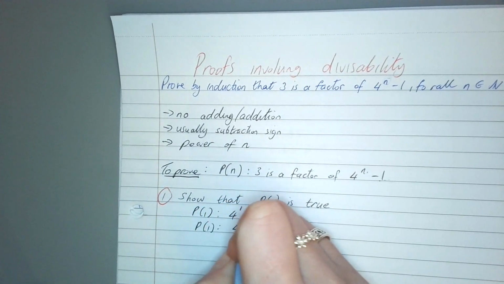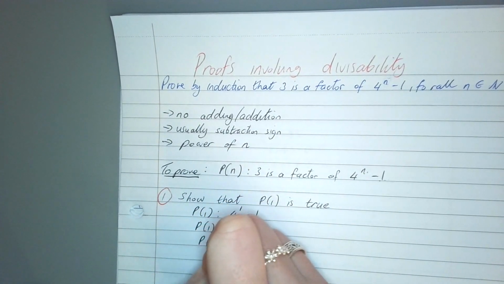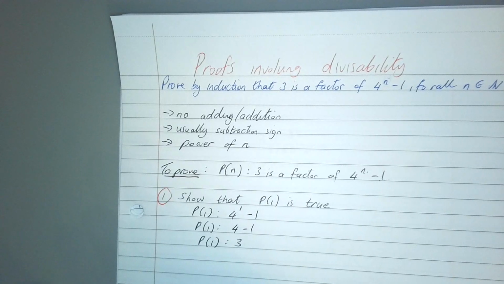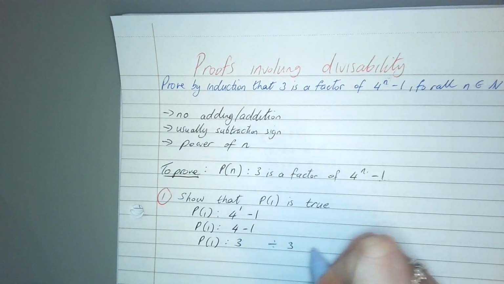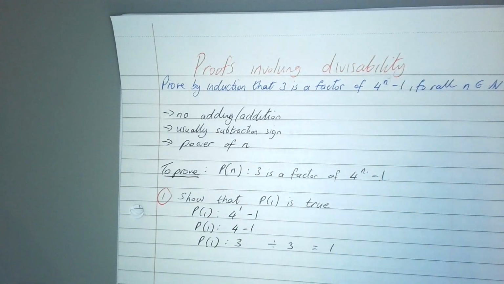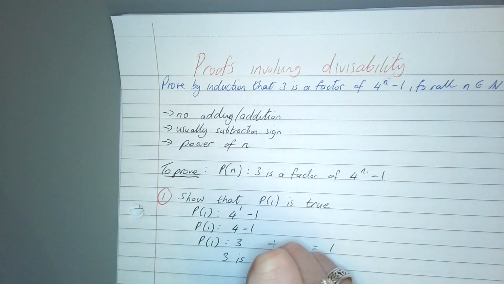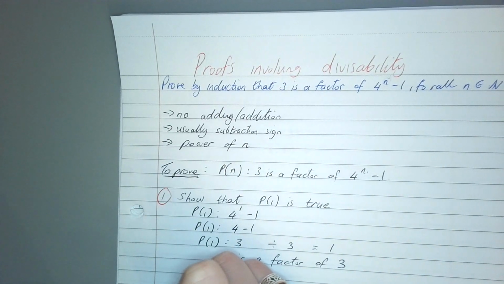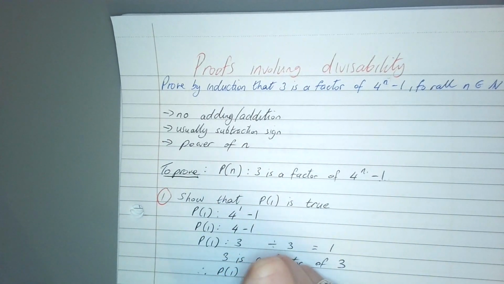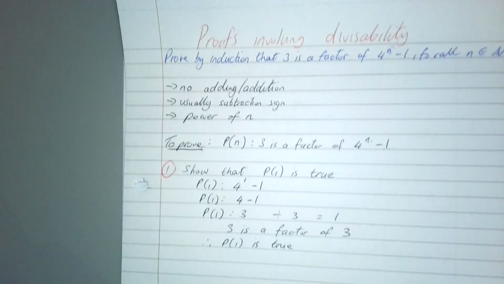Proposition 1 is 4 minus 1, so P1 gives 3. Okay, and we're then checking, is that divisible by 3? It is. Okay, so 3 is a factor of 3, so proposition 1 is true. Okay, that's our step 1 there.